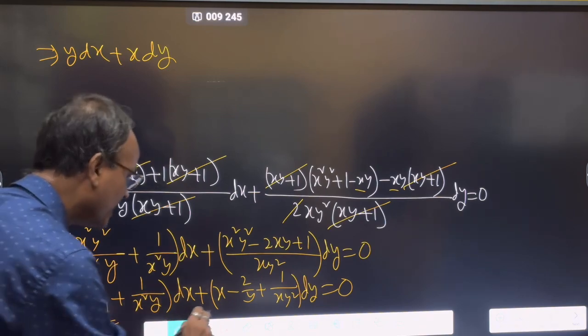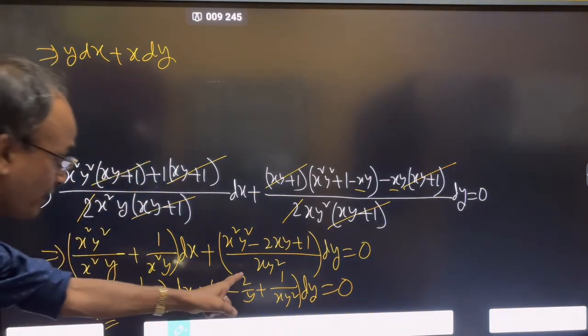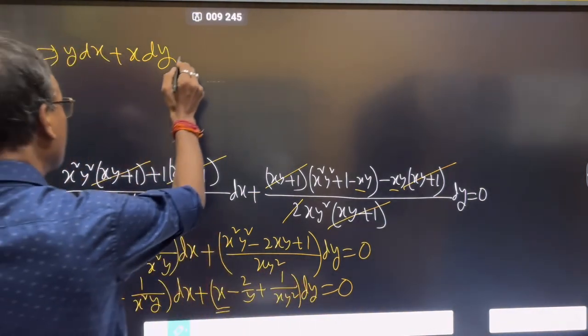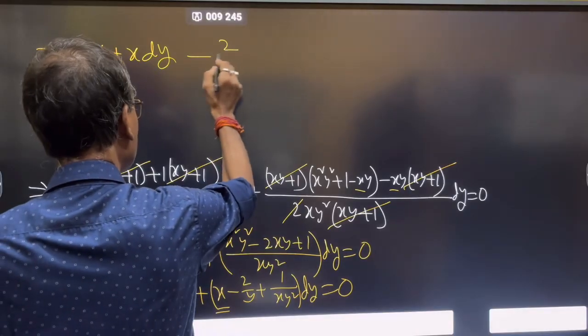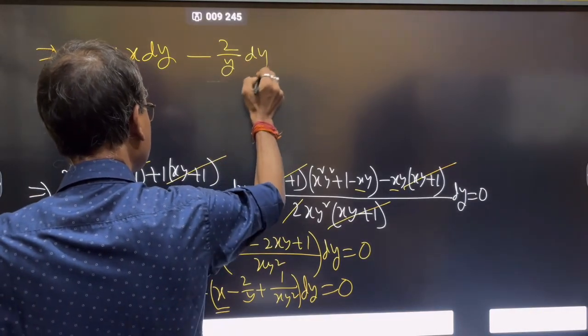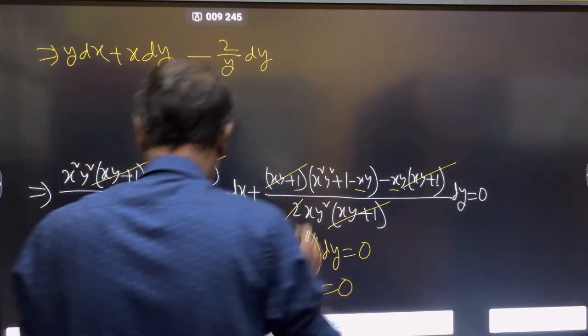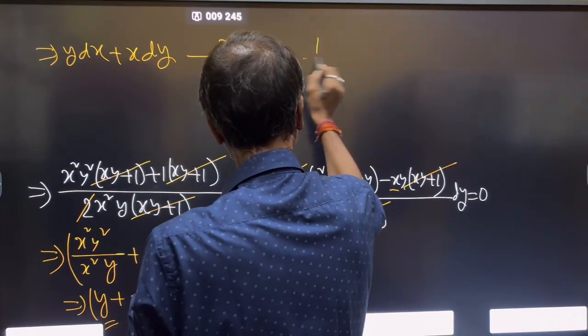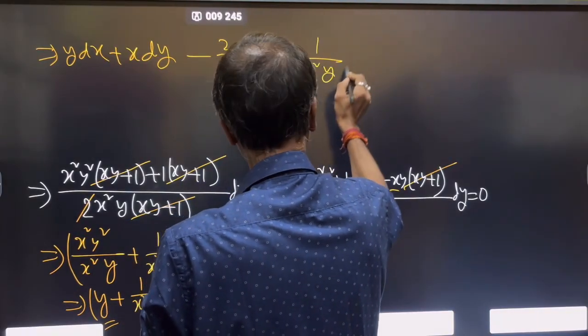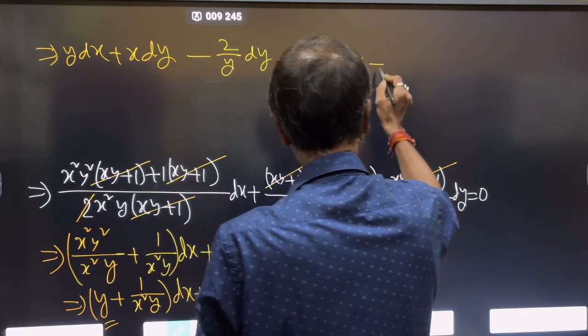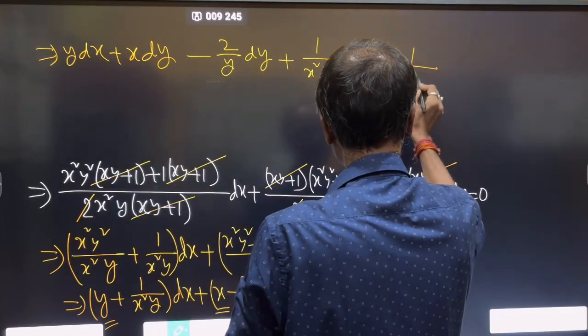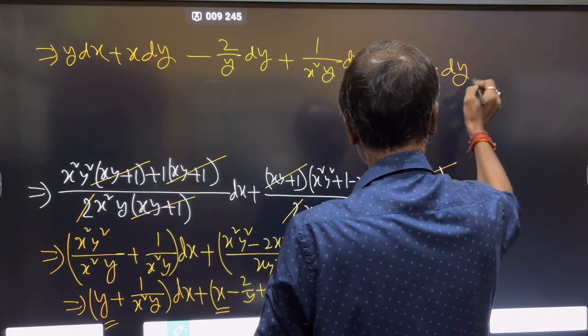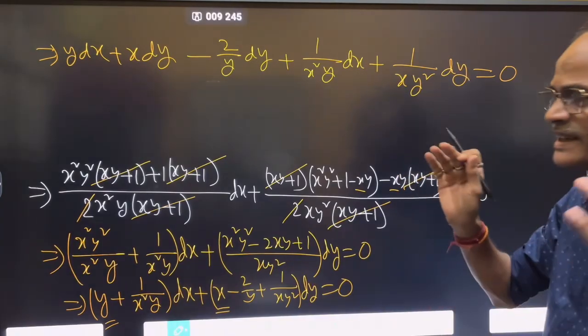Then minus 2 by y dy, plus 1 by x square y dx plus 1 by xy square dy equal to 0. You may write like this.